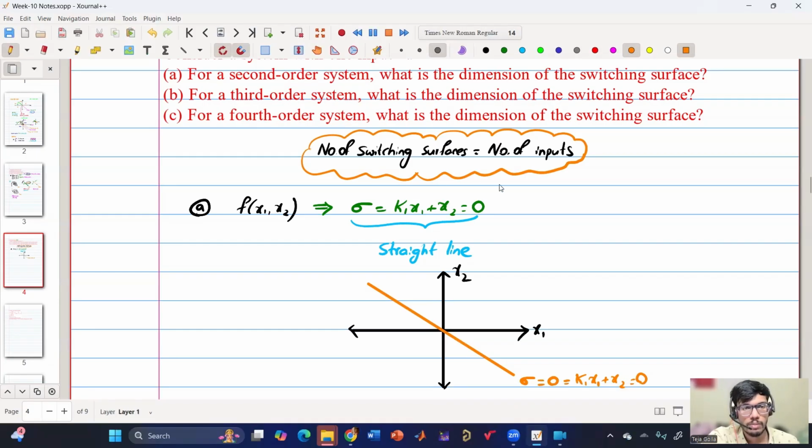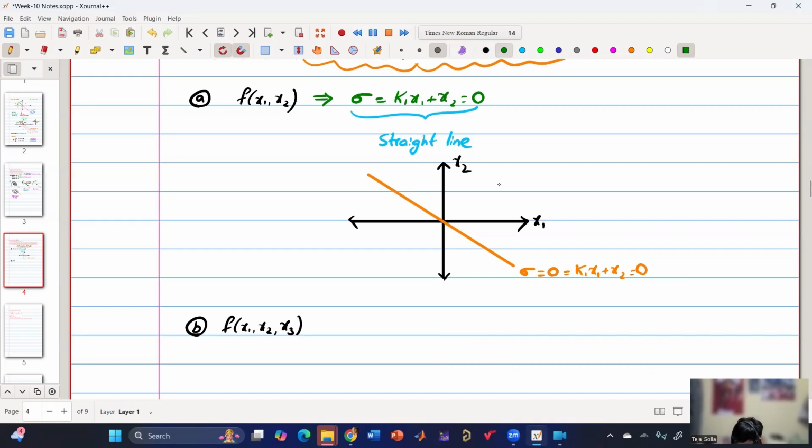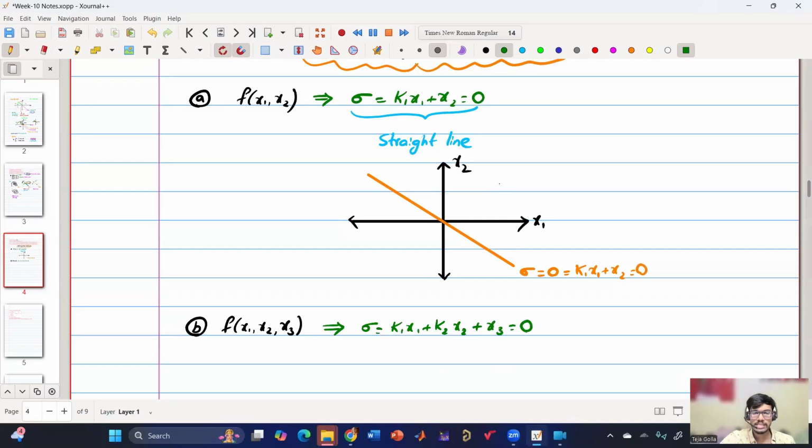So now we are going for a third order system. No doubts, right? In the first part. Anyone having doubts, or I hope it's clear, right? First part. Okay. So now, because it's a third order system, the sigma has to be a function of x1, x2, and x3.